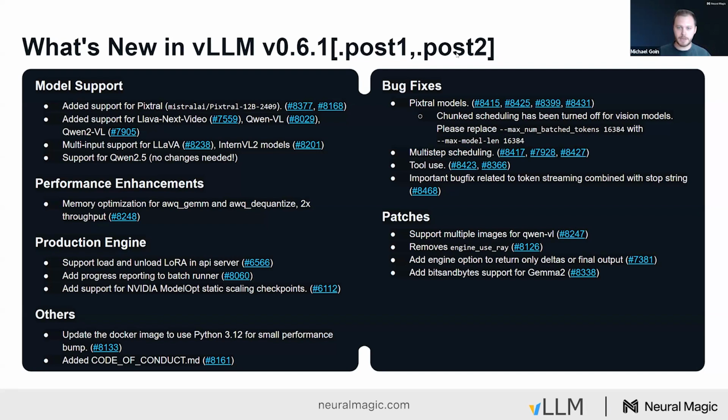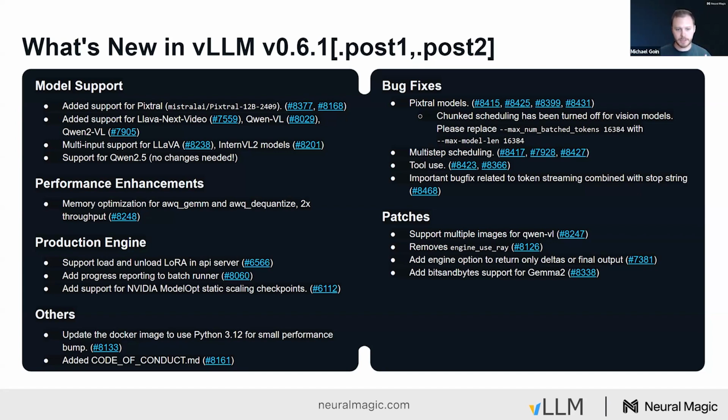You can see some performance improvement with them, and obviously memory improvements through using AWQ, which is a weight-only quantization method, on AMD GPUs. There was also some additional progress on multi-LoRA, so you can dynamically load and unload LoRA adapters from the API server, making it easier to deploy multi-LoRA on your models as a service.